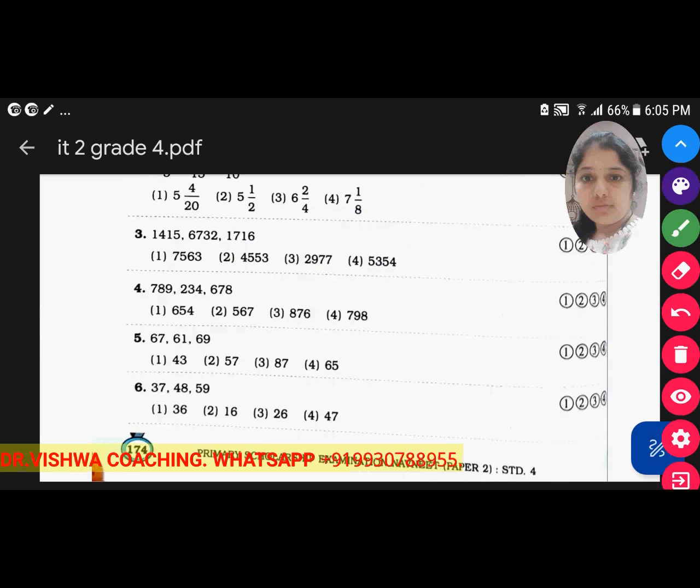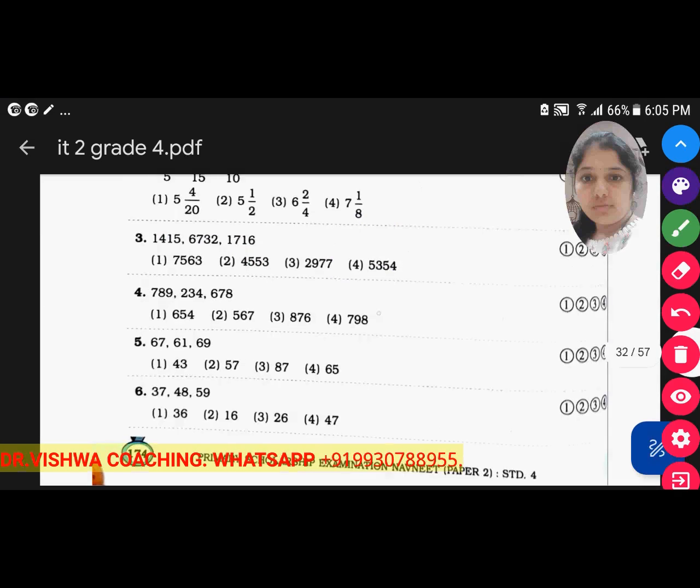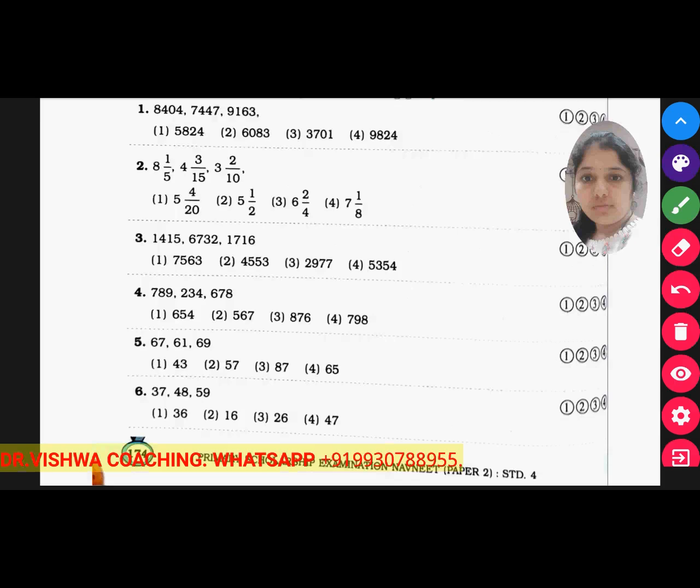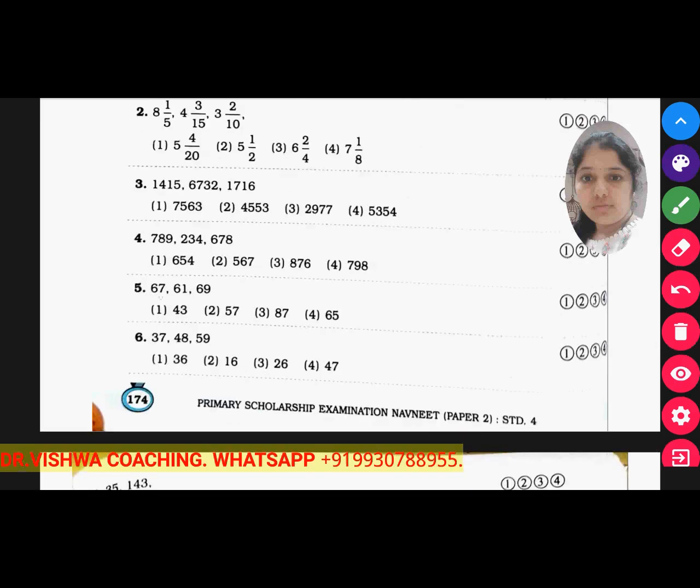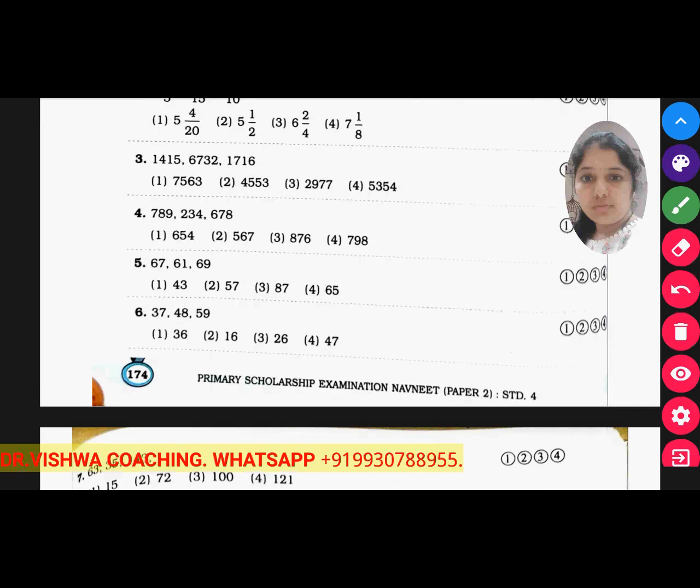Now see, before this chapter we had seen problems in which there is a specific sequence. Here there is no such sequence, but they follow the same rule, like a bigger number or smaller number comes first. You just have to solve the problems because they follow the same pattern. Now again look carefully: 7 8 9, 2 3 4, 6 7 8, sequence-wise the digits are placed in the number.